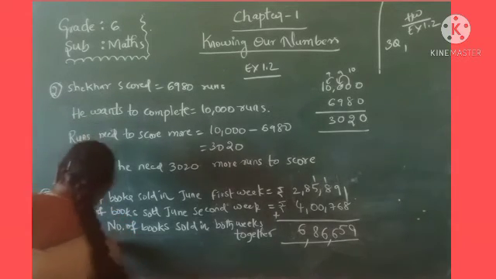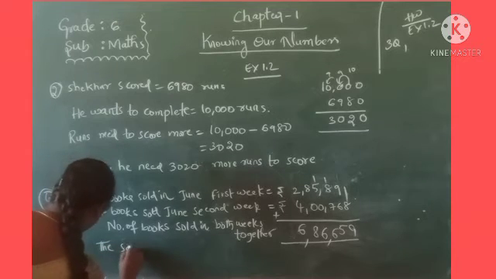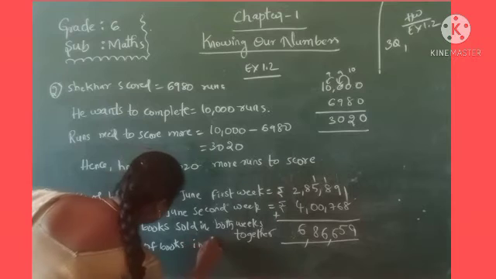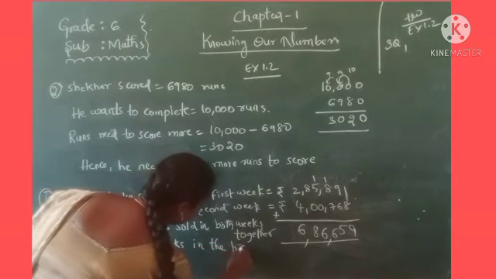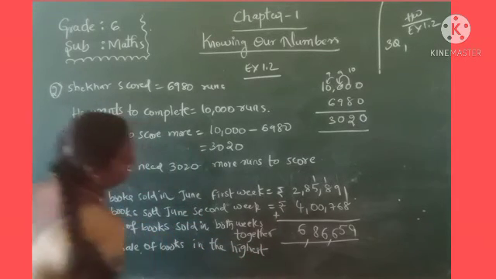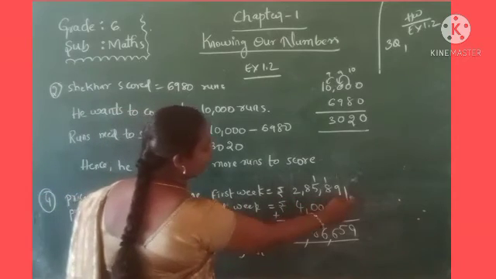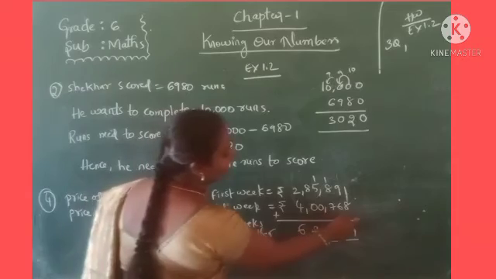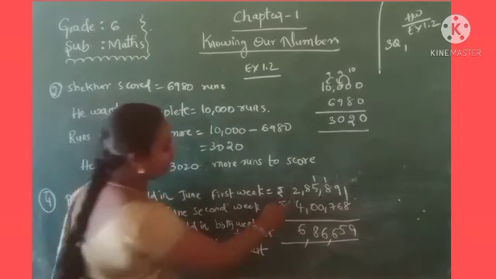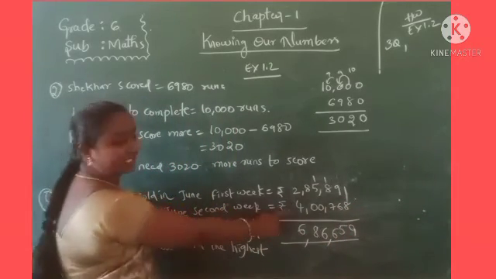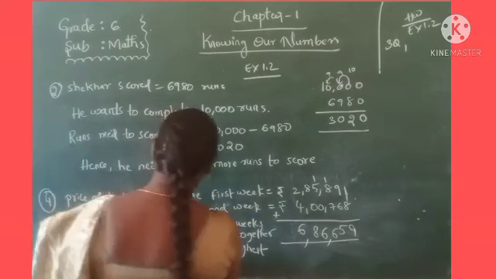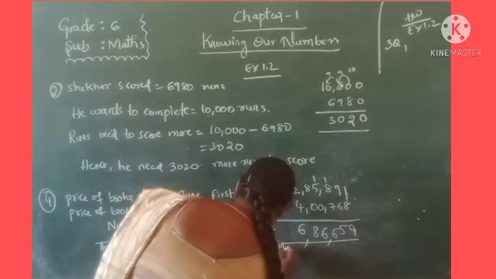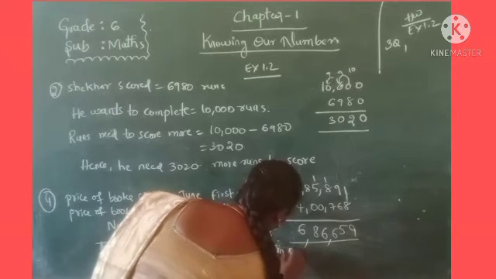So first write the sale of goods in the first week of June, 2,85,891. Second week, 4,768. Which week did she get more? Second week, very good. So the number of sales of books is highest in the second week.